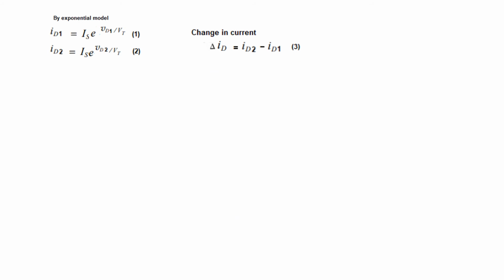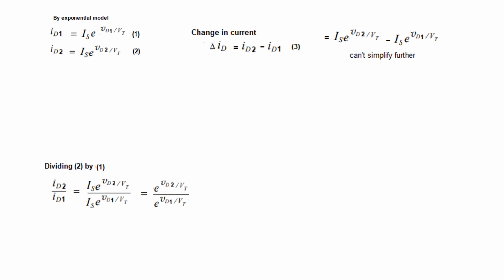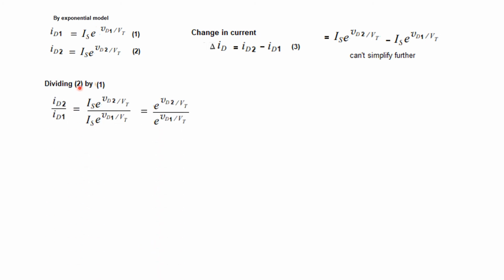Okay, now we come to the exponential model. We had these two equations. So change in current we can write delta ID is ID2 minus ID1, and plugging in these values we come up to this point. But we cannot simplify it further to a meaningful value, so we'll adopt another approach, and that is we divide equation 2 by equation 1.